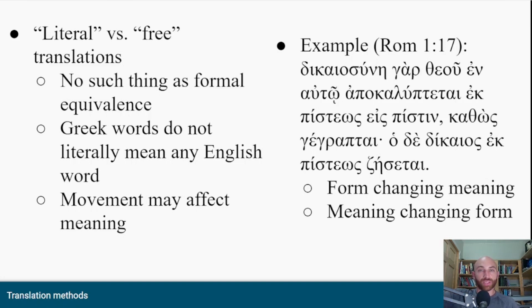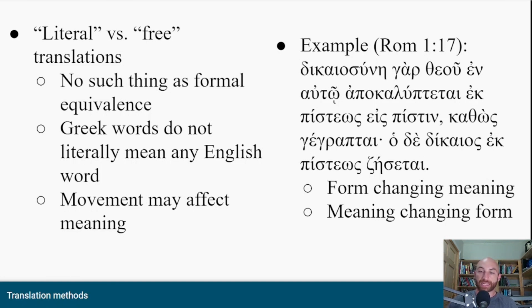In the righteous one will live by faith, all of these translations have moved by faith from being right next to the righteous one to the end of the clause. And in so doing, they have screened out this other possible interpretation. You can't read the English according to my interpretation. You can if you have the word order be the same as it is in Greek, because basically words that modify each other are normally close to one another.